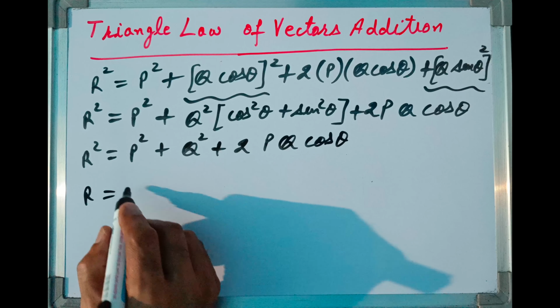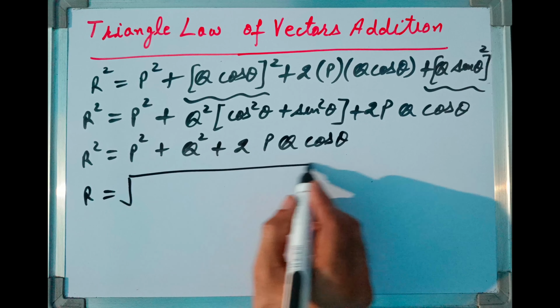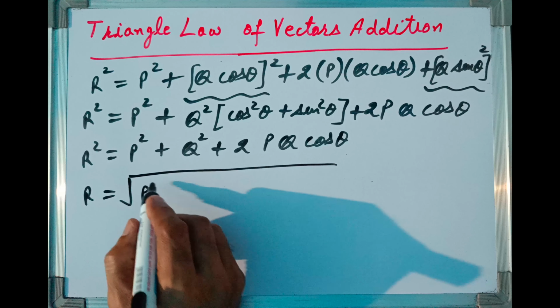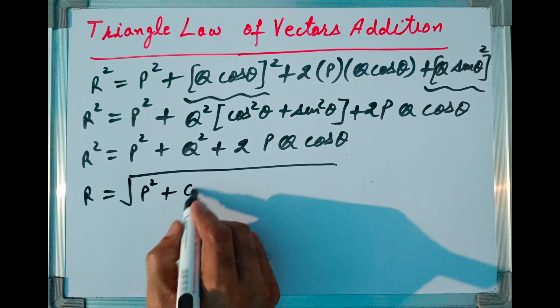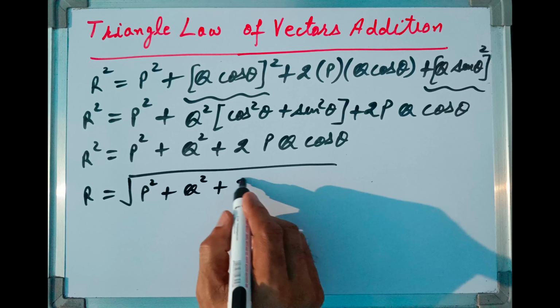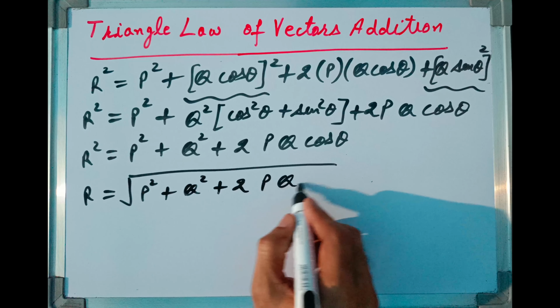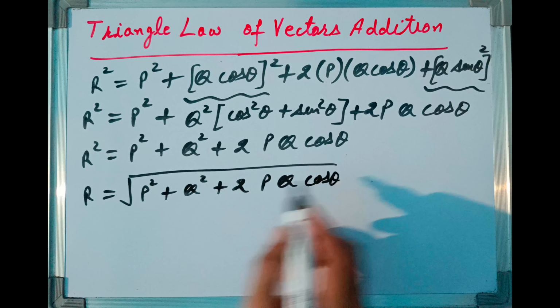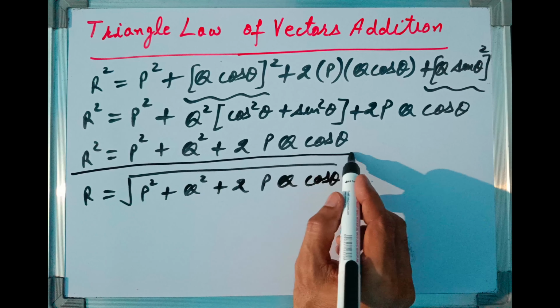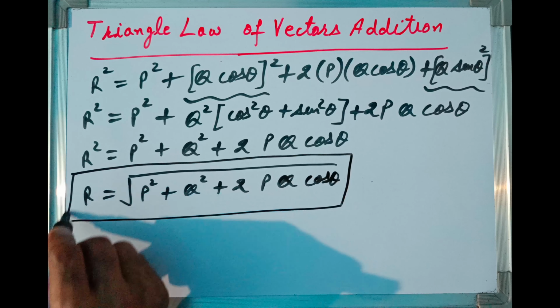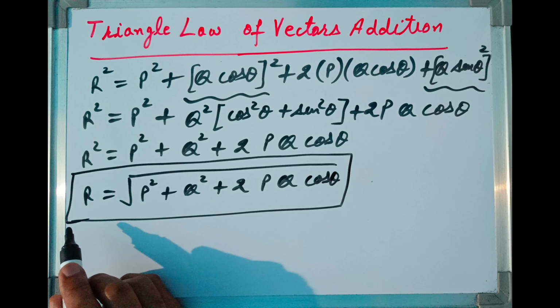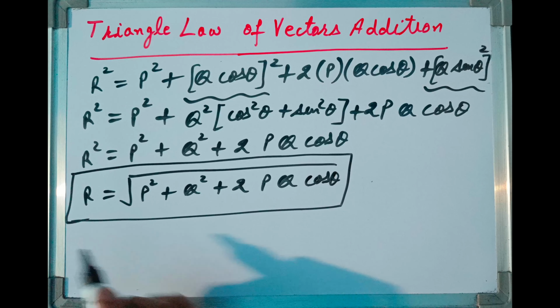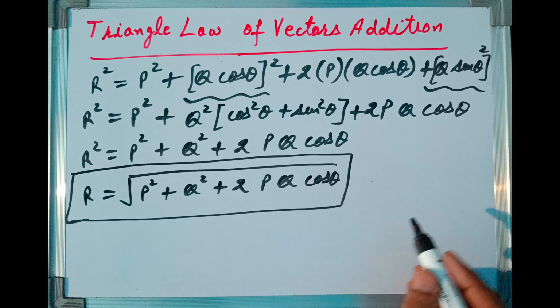This will give us value of R, that is magnitude of resultant vector, as square root of P square plus Q square plus 2 P Q cos theta. This is the required expression for magnitude of resultant of two vectors. Here, what is theta?